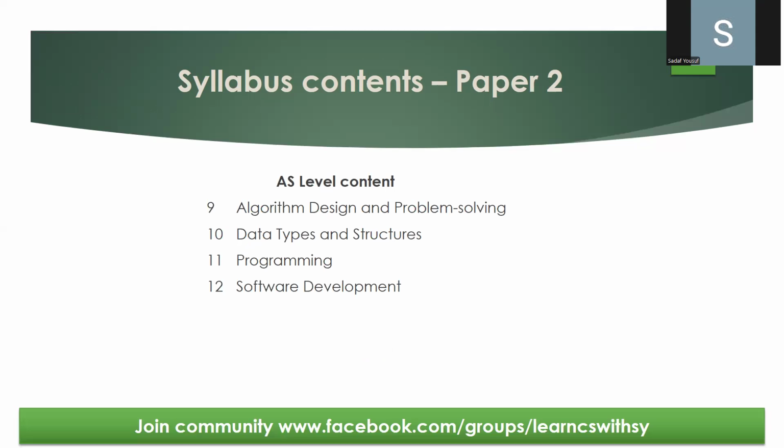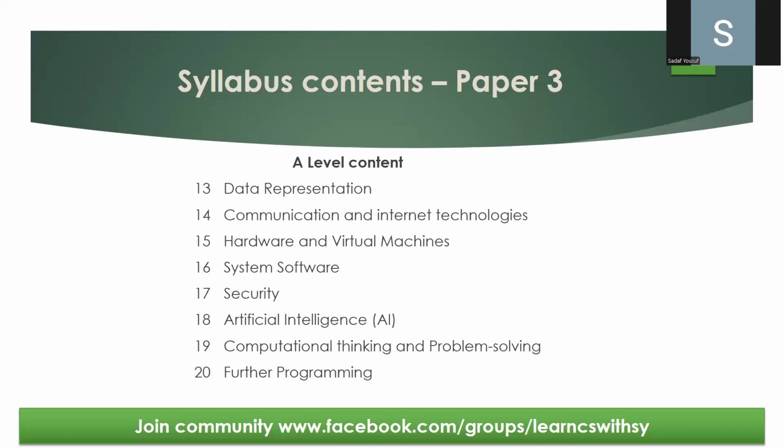The details of this will be discussed, inshallah, when the whole syllabus will be discussed with you for each topic. But right now, just the overview of the syllabus contents of paper 1 and paper 2 is discussed.